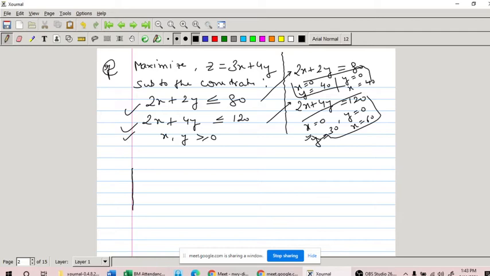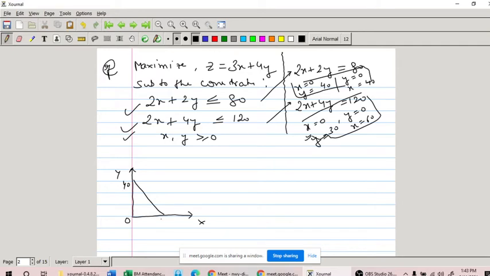When we try to plot it on a graph paper, we will be getting these constraints as lines. So this is your x axis, this is your y axis, origin. So you get two lines. Let me make it easy for you.